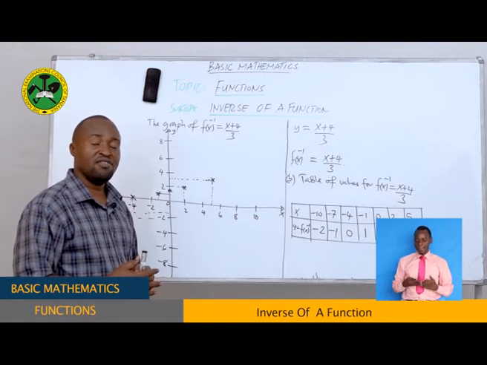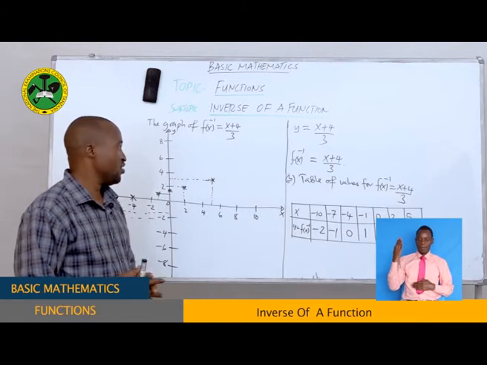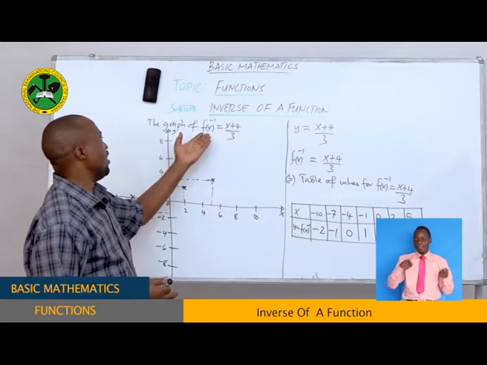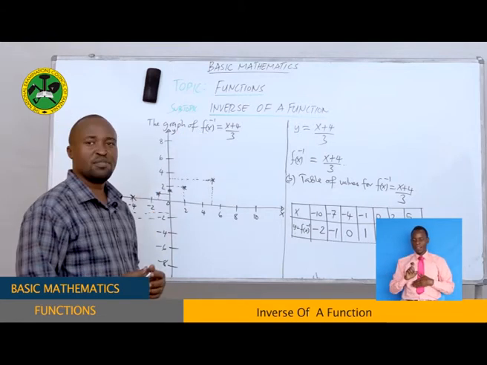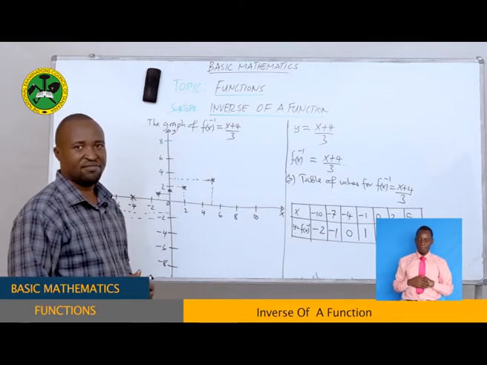That is the inverse of f of x, which is the same as f of x inverse is equal to x plus 4 over 3.